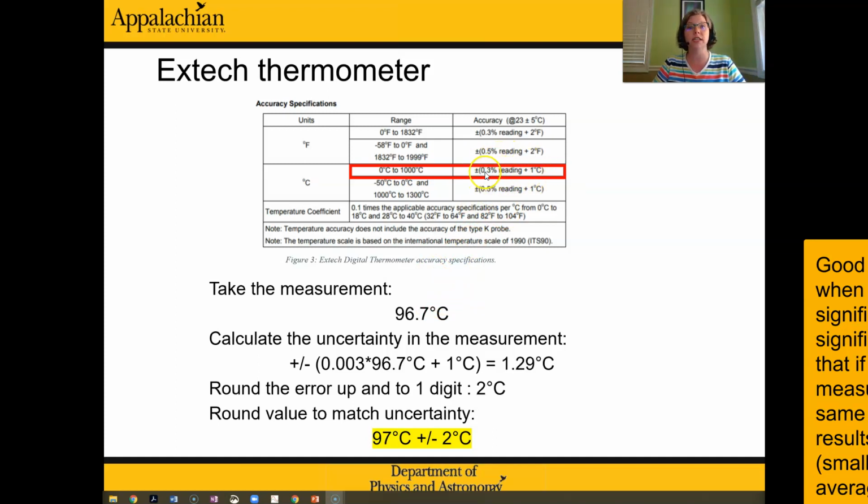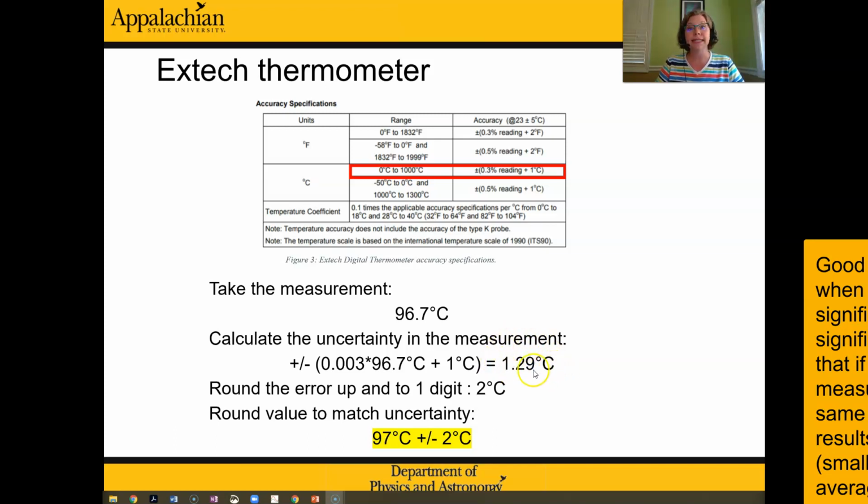My equation is 0.3% of the reading plus 1 degree Celsius. So 0.3% of my reading, which is just shy of 100 degrees Celsius, plus 1 degree Celsius gives me 1.29 degrees Celsius. Now remember, I can only report uncertainty to one digit, so I need to round this value.